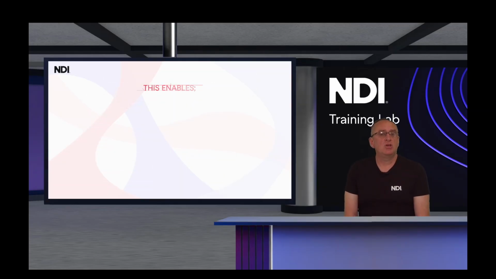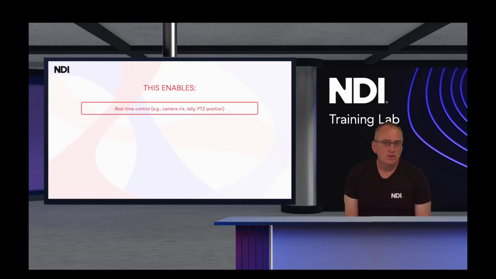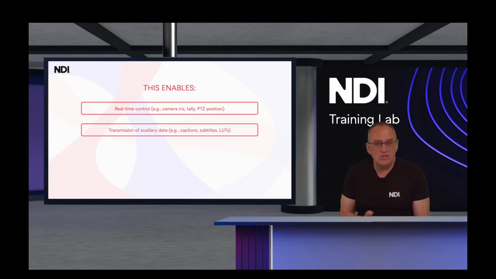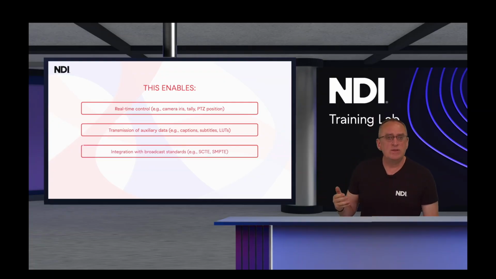Now, this enables real-time control, for example, camera iris and tally light and PTZ position, a transmission of auxiliary data like captions and subtitles and LUTs, etc. An integration with broadcast standards like SCTE or SMPTE.